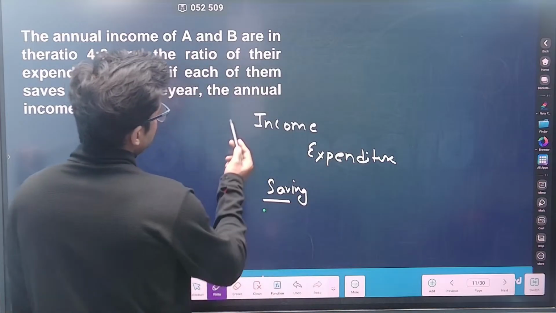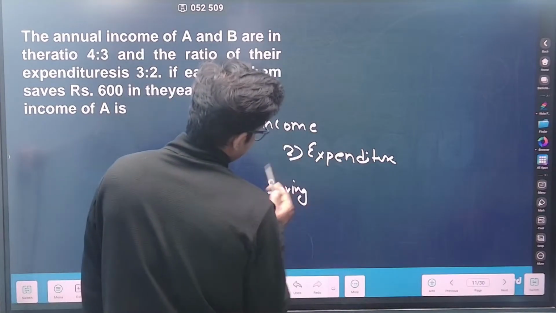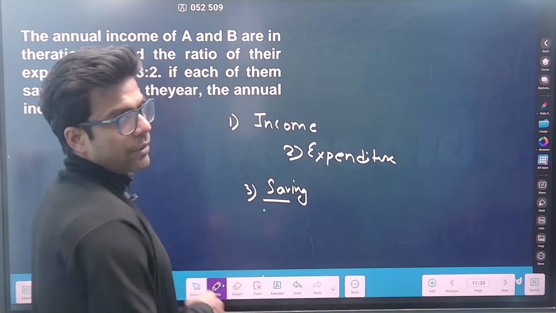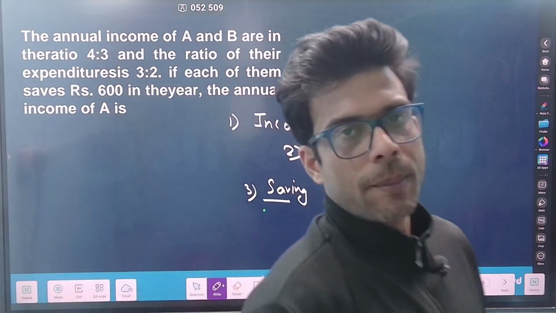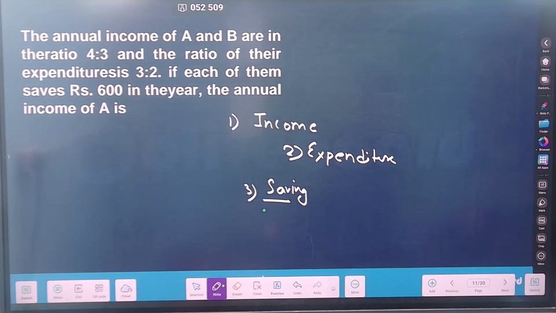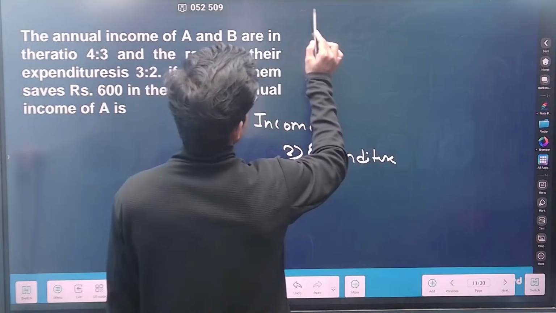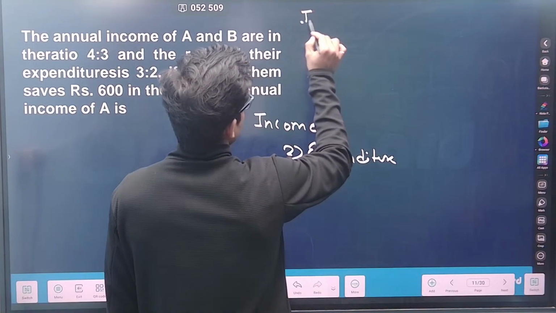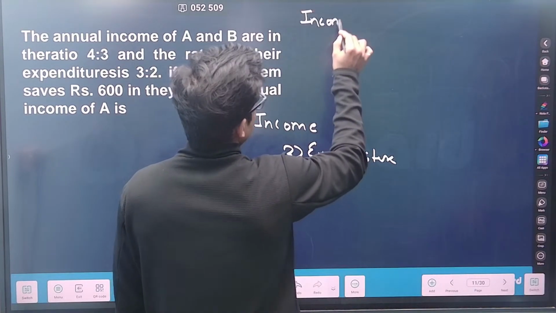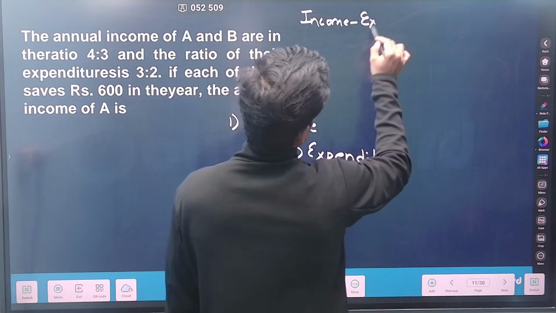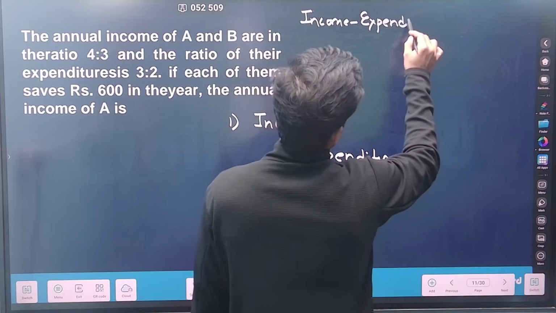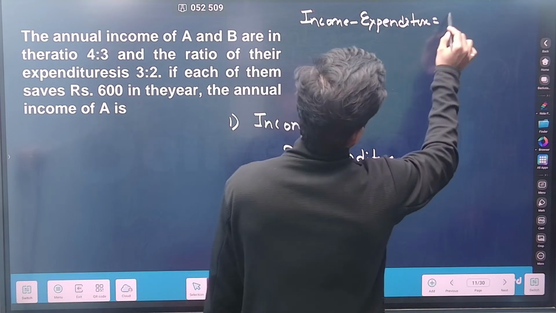These are the three terms which you need to understand, very importantly asked in the banking exams. So basically what happens? Income minus expenditure is equal to saving.